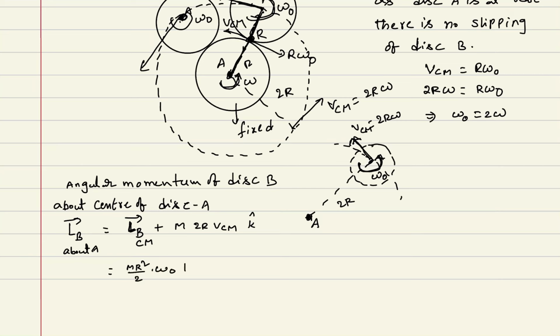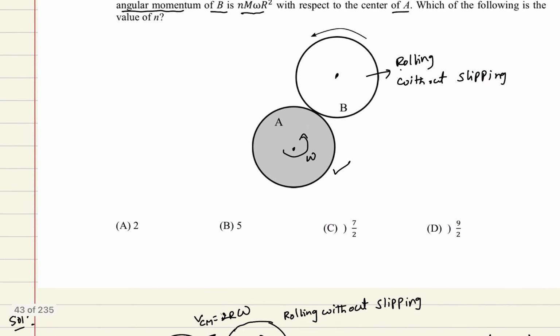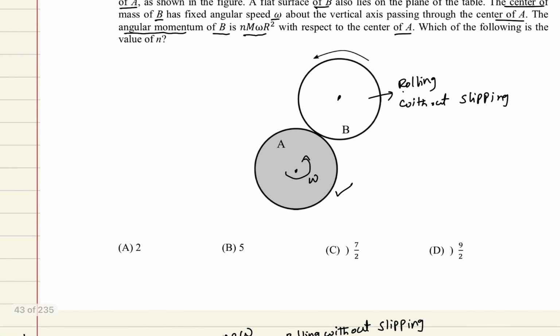So we get I omega naught, that is m r squared by 2 into omega naught, into k cap, plus 2r into m into the velocity of center of mass, which is 2r omega, into k cap. As a whole, m r squared by 2 into 2 omega plus 4 m r squared omega, the whole thing into k cap. The 2 and 2 cancel. As a whole, you get 5 m r squared omega into k cap.